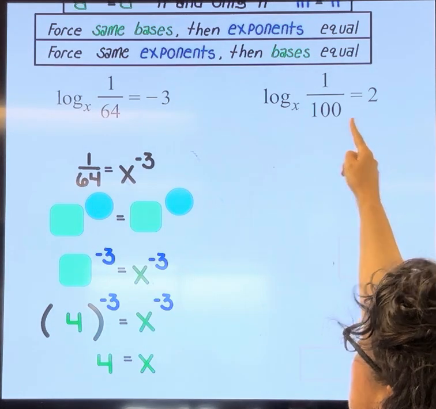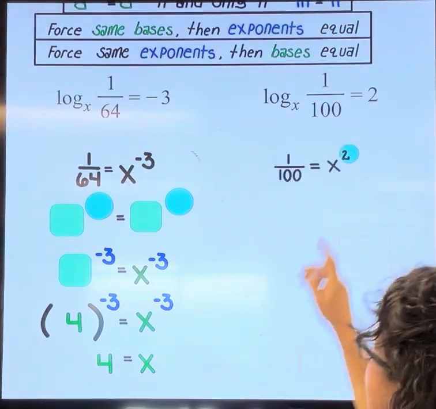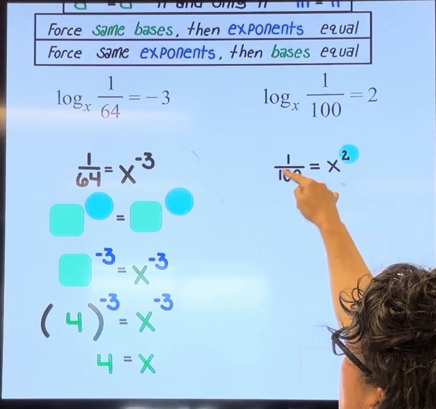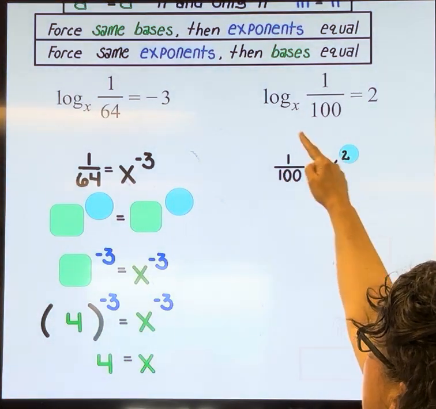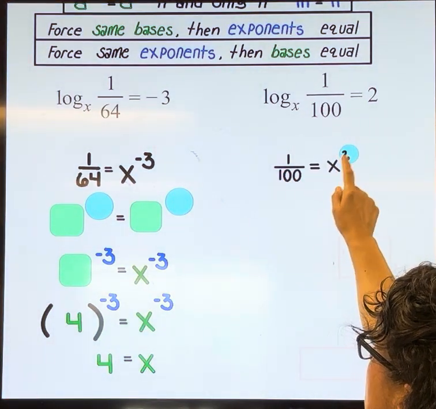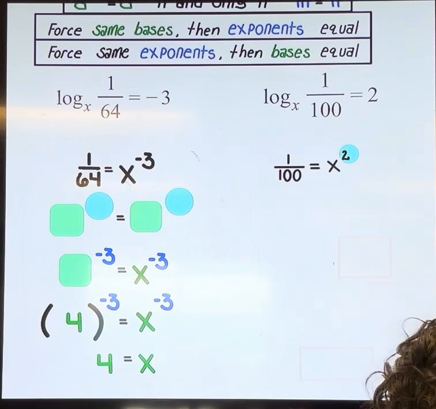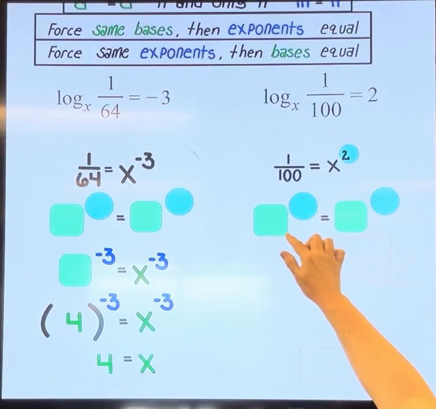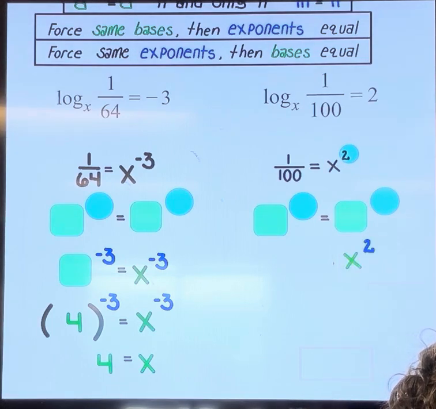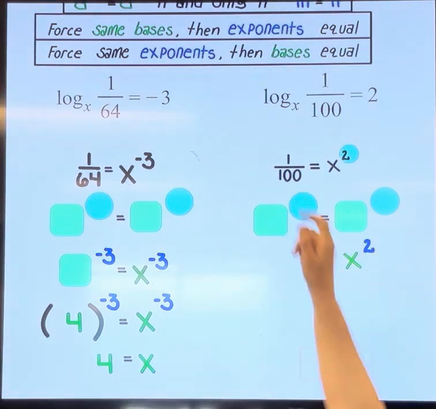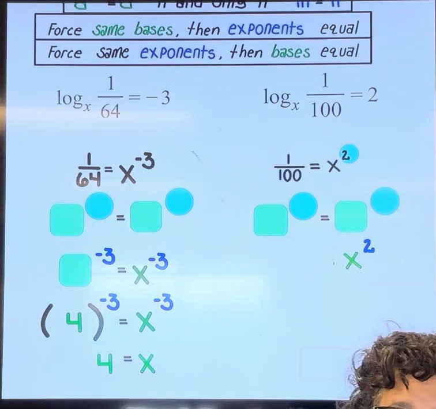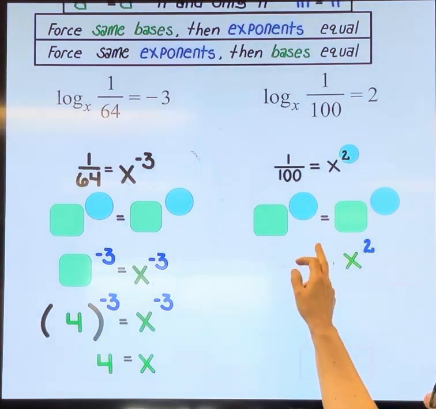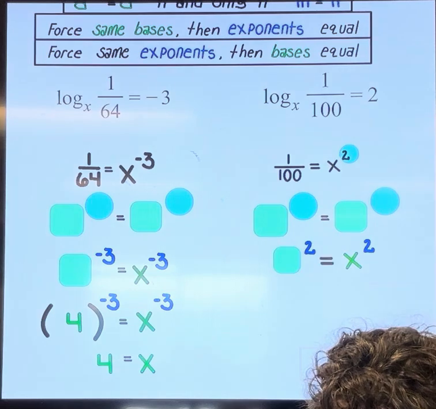Okay, let's try that again. The x tunnels under, and when the x tunnels under, I'm left with 1/100 on this side. The x comes up underneath the 2, so x to the second power. We're utilizing the property that we want to get two powers set equal to each other. This one is x squared, so I need to figure out how to rewrite 1/100 as some number to the second power.